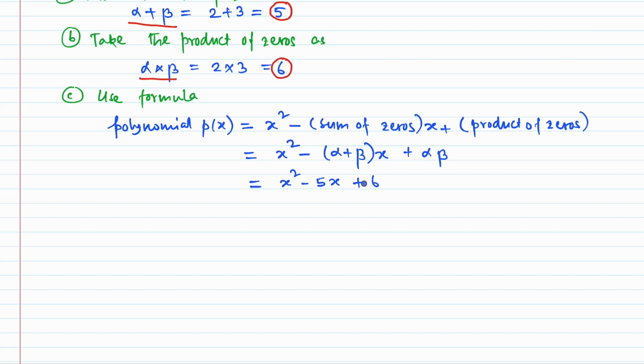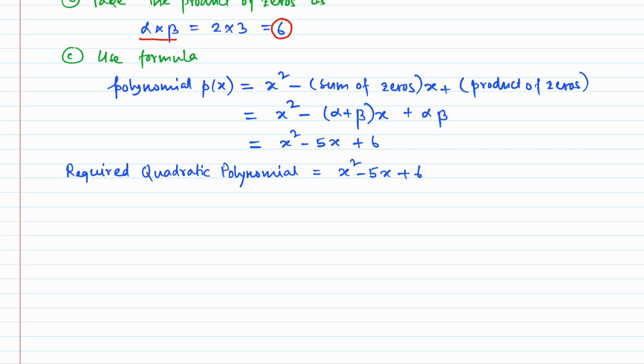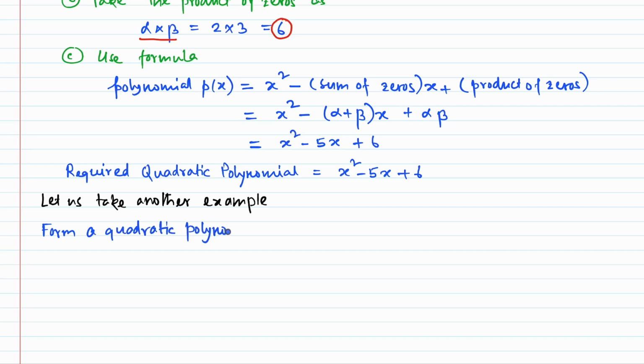So we put 6 in place of alpha beta. Hence the required quadratic polynomial is x square minus 5x plus 6. Now let us take another example. It's so simple if we remember the formula and if we assign the values correctly, and also the sign, we can easily derive the quadratic polynomial.